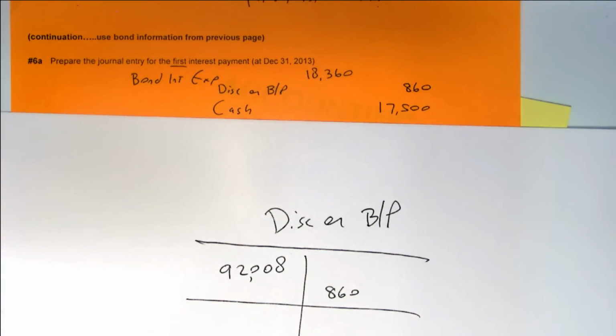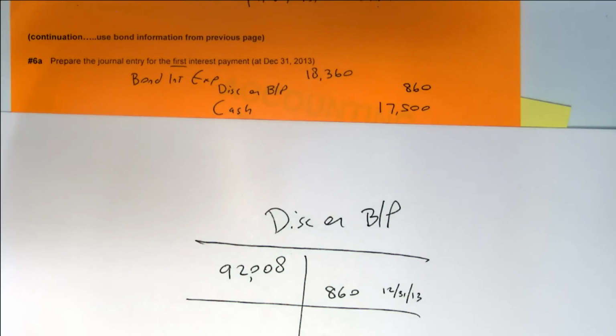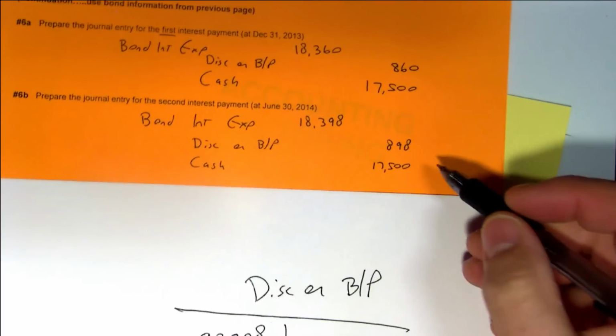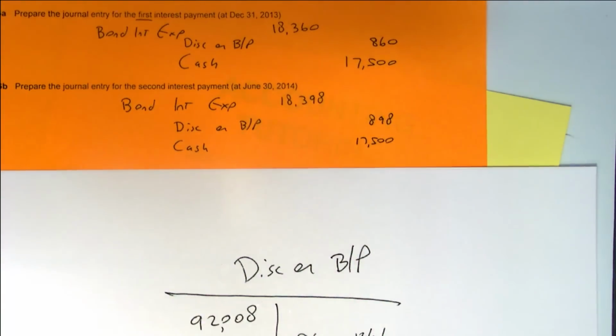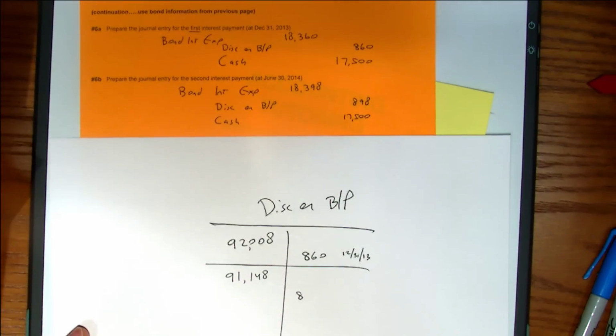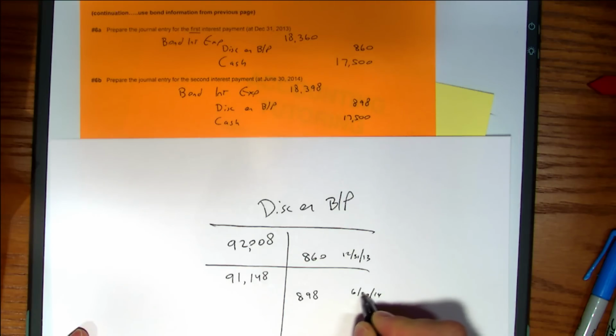So now that was at, when was this bond issued? July 1st. July 1st, okay. So this was the entry I made at 12/31/13 above. So now that has a balance of 91,148, and then the next interest payment I credit discount on bonds payable for 898 and 630 and 14.